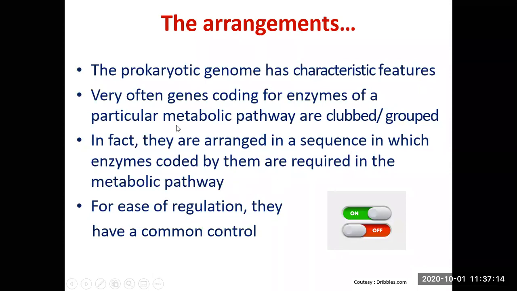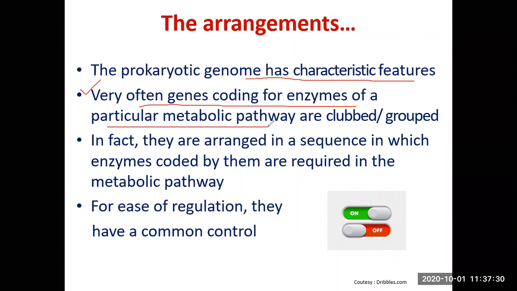For these reasons, the prokaryotic genome has a characteristic feature. I told you earlier, very often genes coding for enzymes of a given metabolic pathway are clubbed, are grouped. Okay, let's say you have a metabolic pathway. We'll understand it taking one example, but a metabolic pathway where 3 enzymes are required.